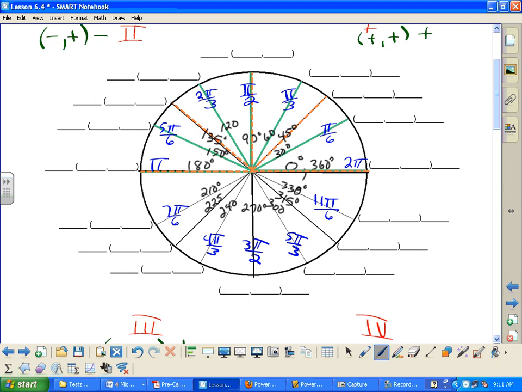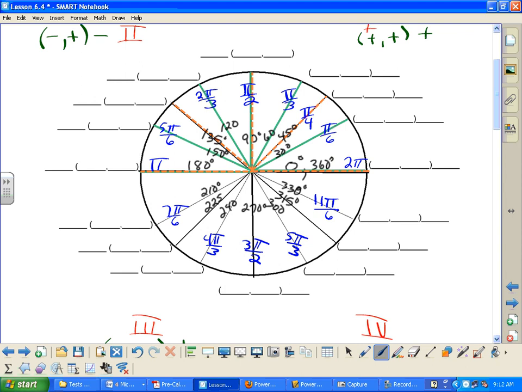All right, let's talk about our dotted orange lines then. We divided pi into how many pieces there with the orange ones? Into 4 pieces, right? So that means each one is going to be 1/4. So we have pi over 4. So there's 1/4. We move to pi over 2, and that's 1/2, that's 2/4.